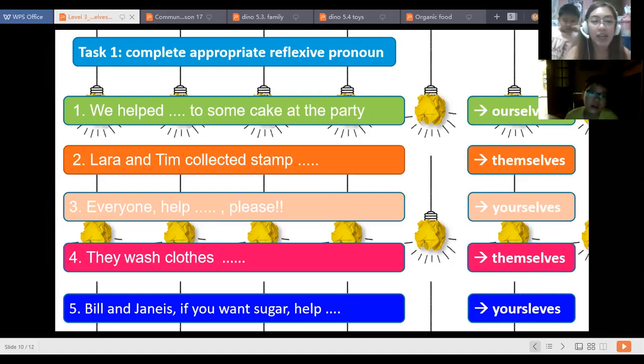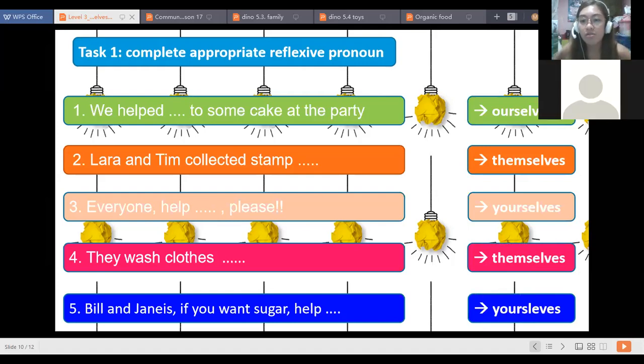Okay, can you read again with the correct answer from 1 to 5? We help ourselves to some cake at the party. Lara and Tim collected themselves.